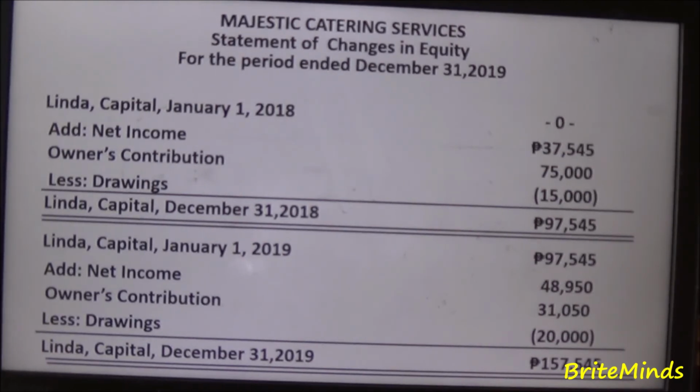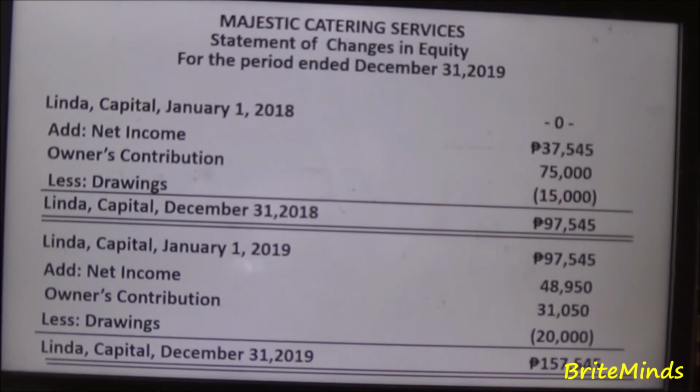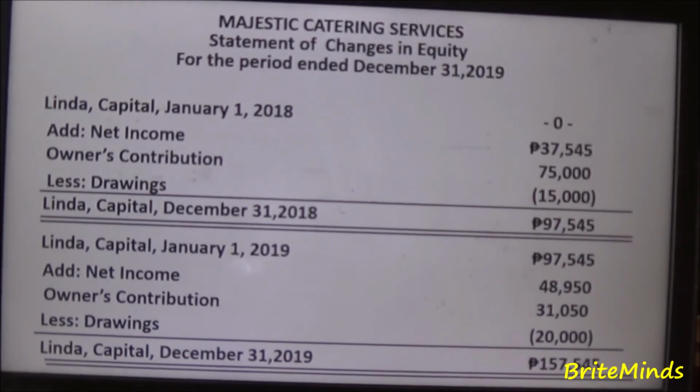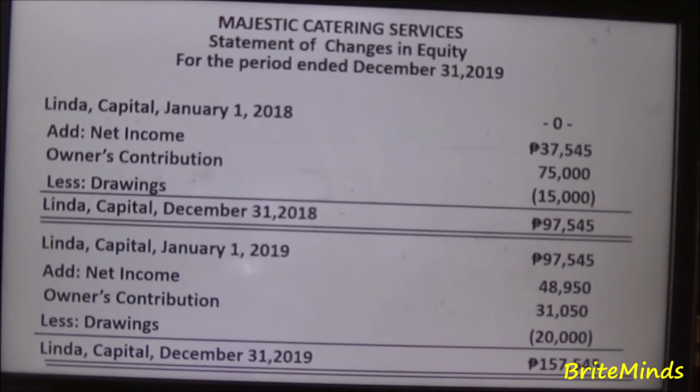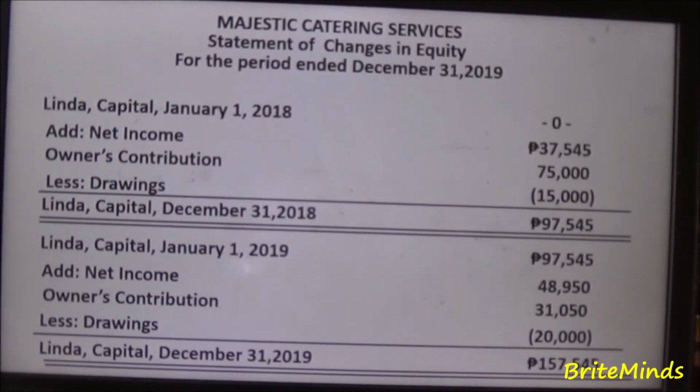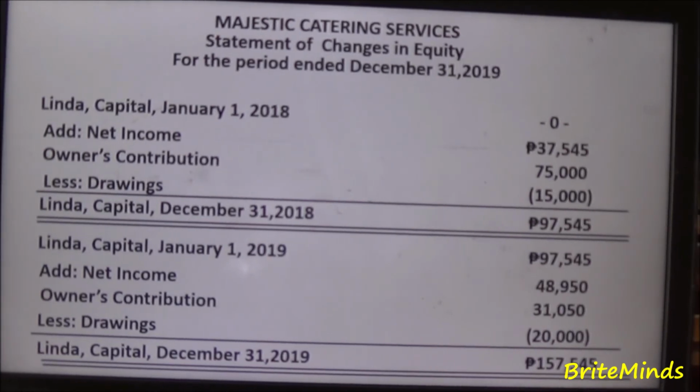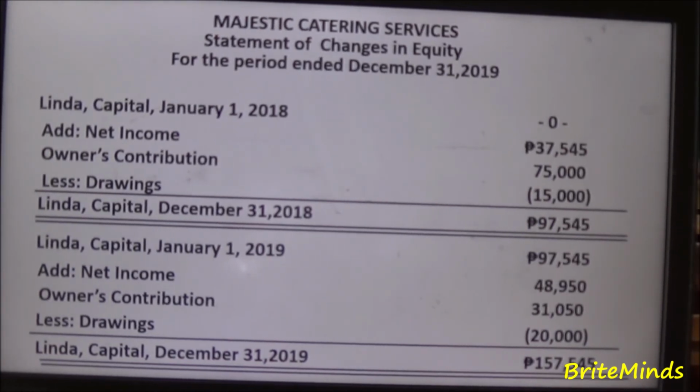And then on December 31, 2019, it became 157,545 pesos. So we can see that there is an increase in the equity account of the owner.